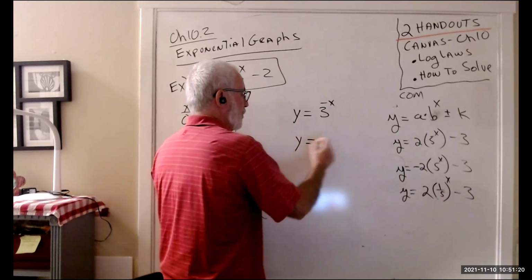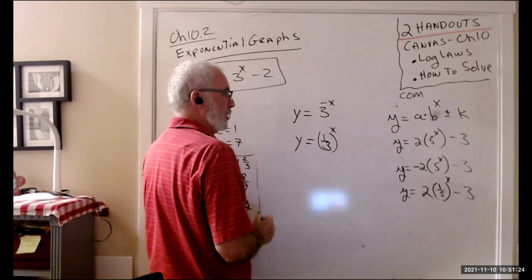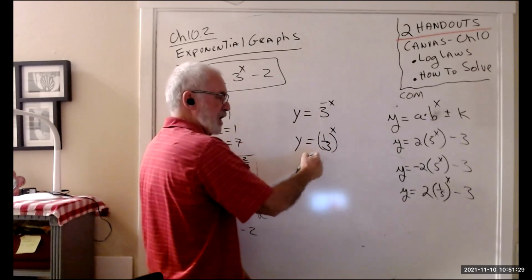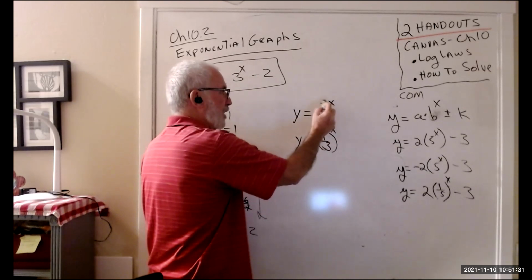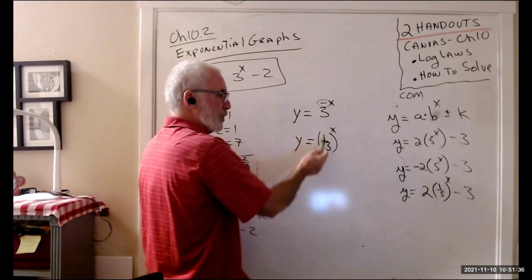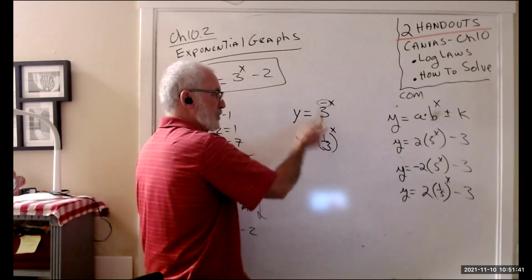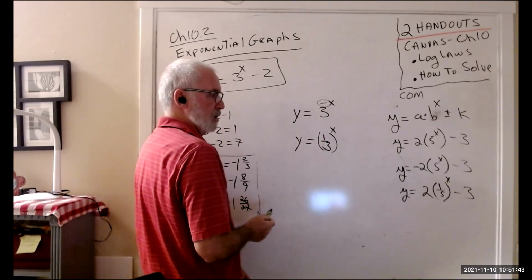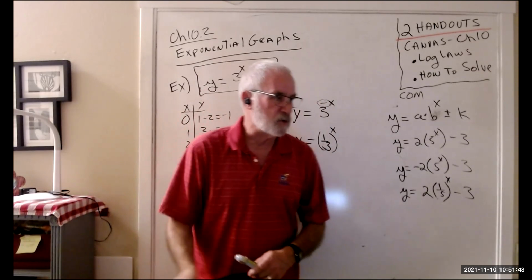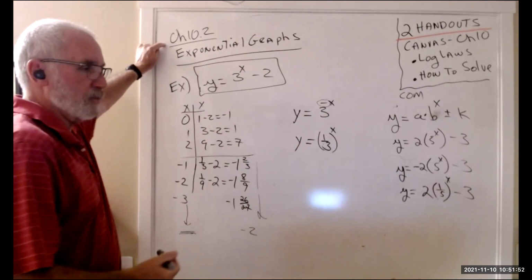It turns this to the reciprocal of the positive power. So these two are actually the same graph because we've studied this. A negative power forces us to do the reciprocal of the base number. So this graph and this graph would be identical. But you can play with these. You don't even have to know that. Just let Desmos do all your homework for the first few problems on section 10.2.